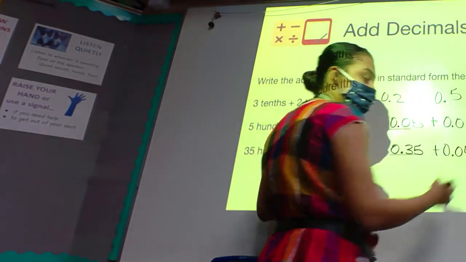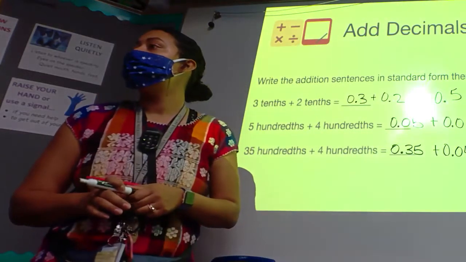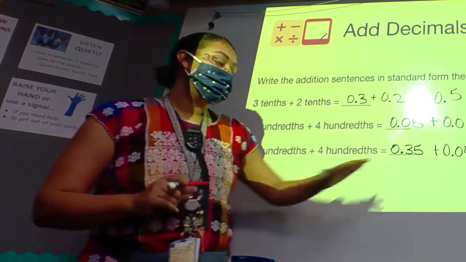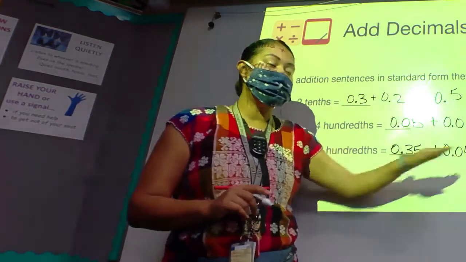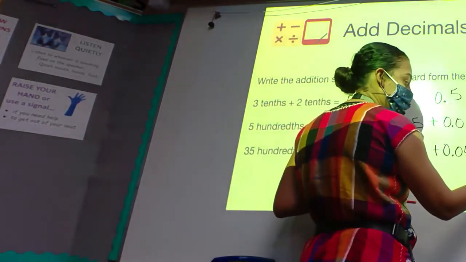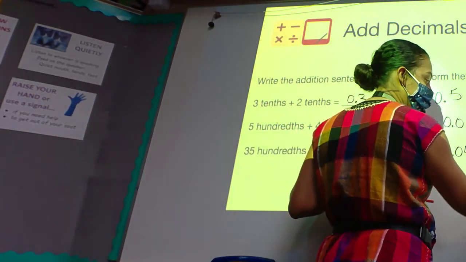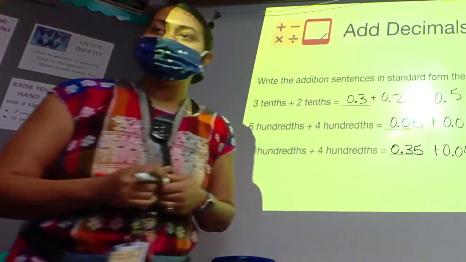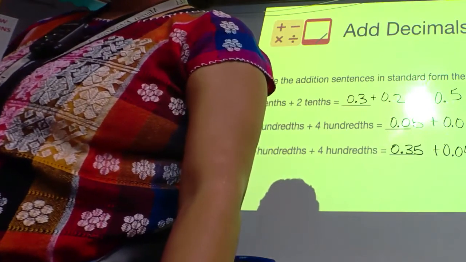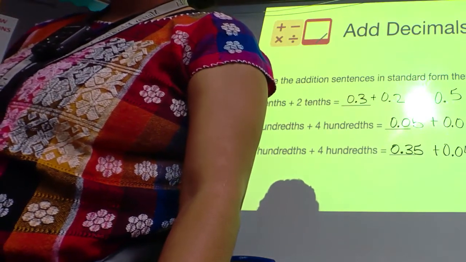Write it down. Okay, so now 35 hundredths plus 4 hundredths equals, Ledger? 39 hundredths. 0.39. Write it down. Quickly.